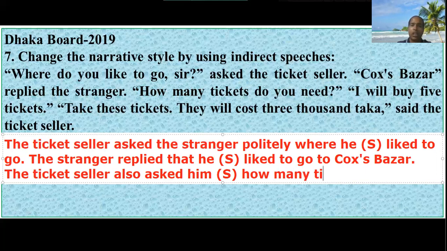Many, many tickets. You have to write, you have to think. This principal verb is V1, so you have to set V2, needed, and this is first person and subject form.